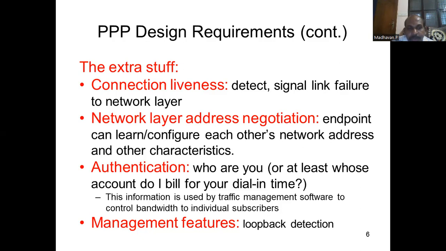These are some of the additional features incorporated into this protocol. We also have additional support for management-related functionalities and authentication.